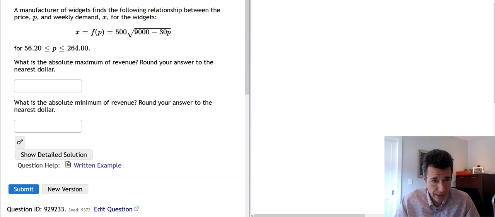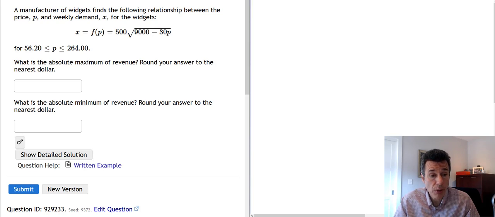So we need to step back and think about what we're trying to do. Well, first, we need to find the revenue equation. We're trying to find an absolute maximum and absolute minimum on this closed interval between 56.2 and 264. The way we do that is we say to ourselves, let's find critical numbers, and we take all critical numbers between 56.2 and 264.